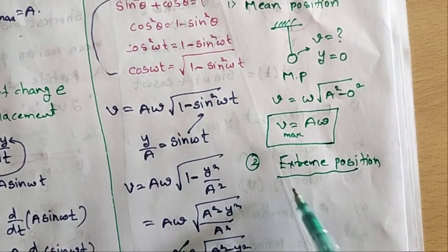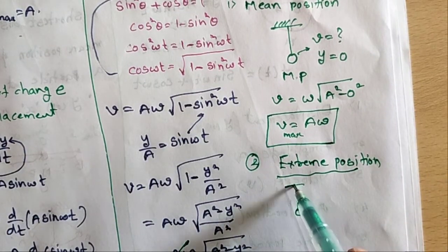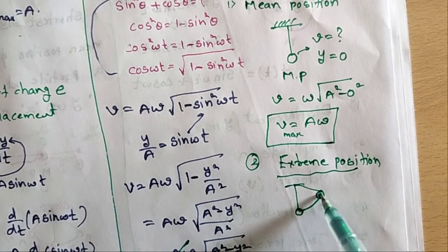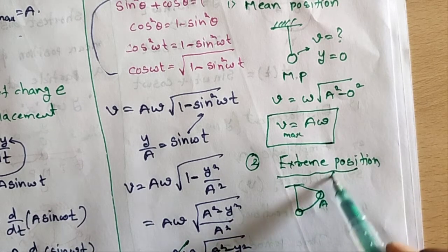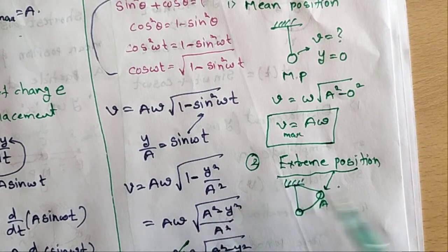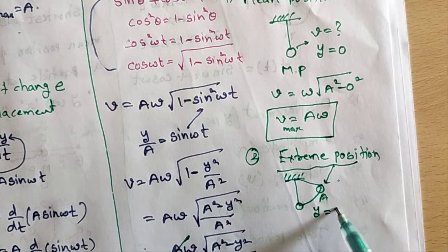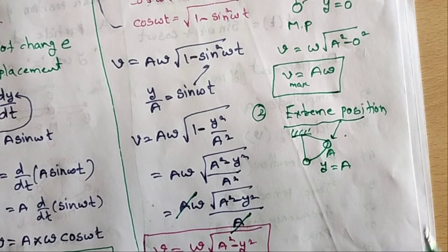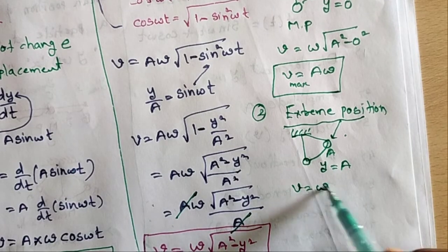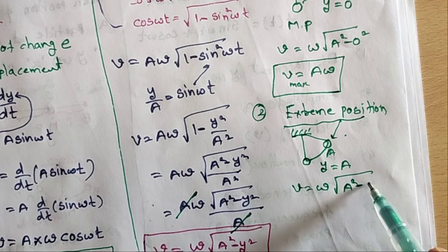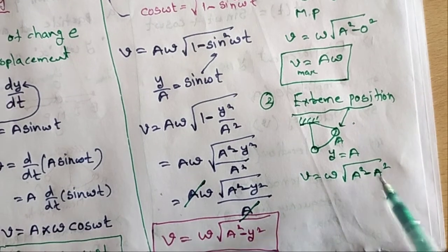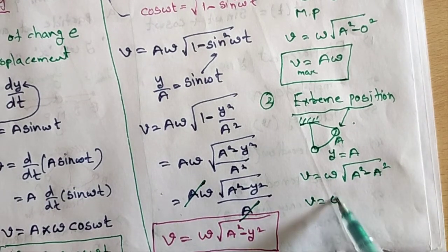Extreme position means this is the mean position, and the maximum displacement is called the extreme position. So in the extreme position, what is the displacement? y is equal to a. So you can substitute v is equal to omega under root of a square minus y square, which is a square minus a square, so v is equal to 0.